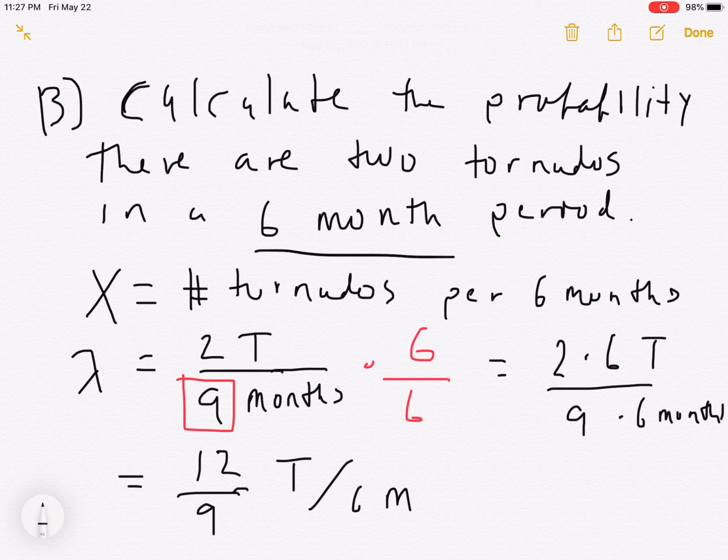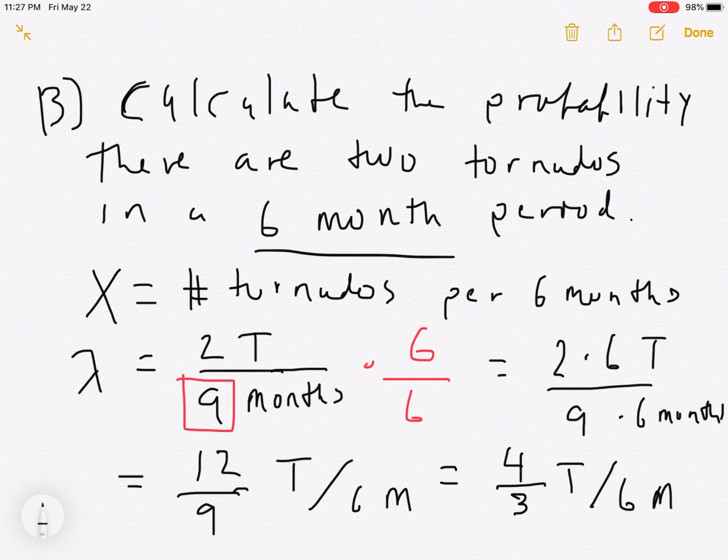Of course I can simplify that a little bit, and I'll get 4 thirds of a tornado per 6 months.